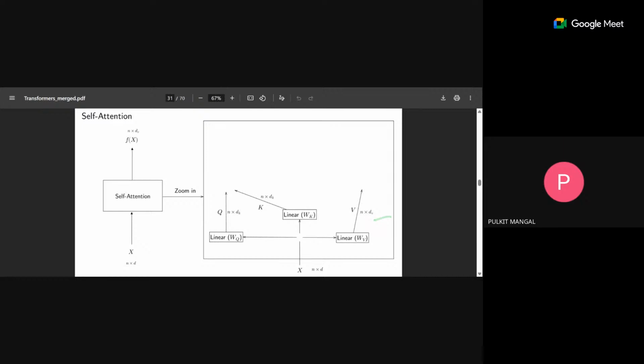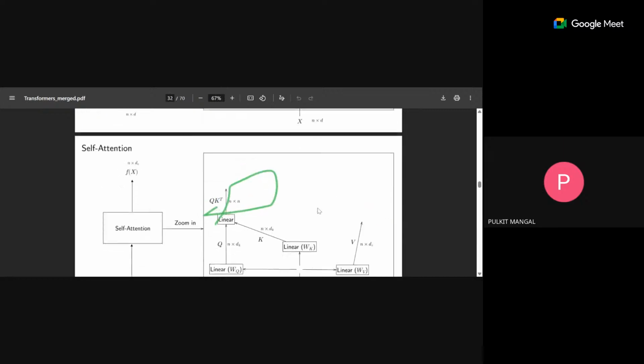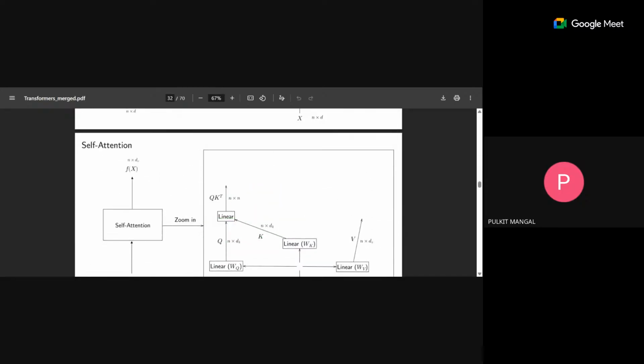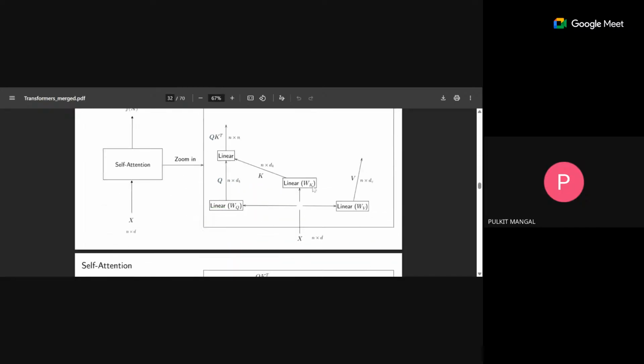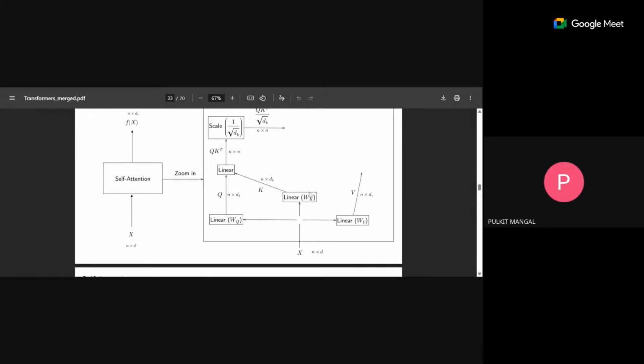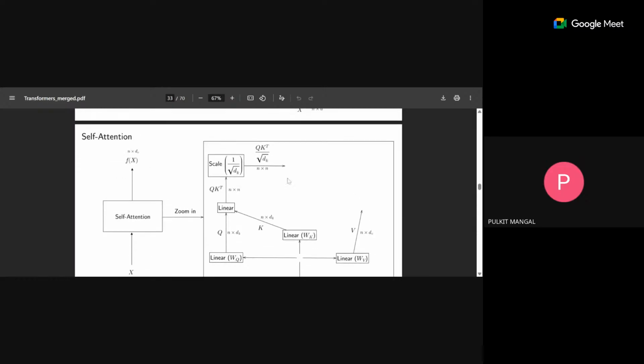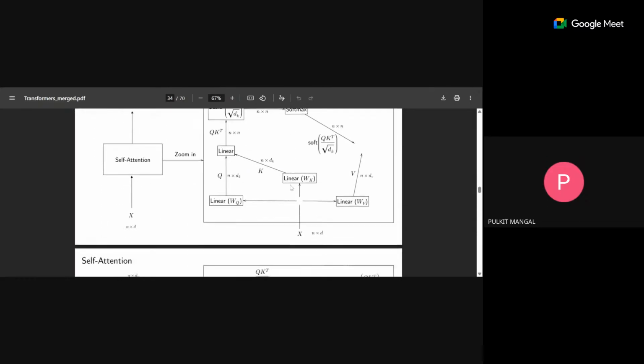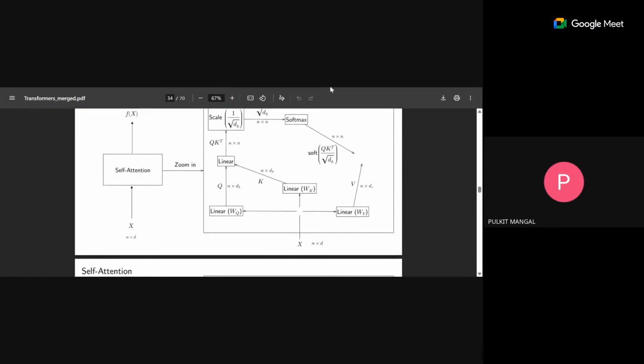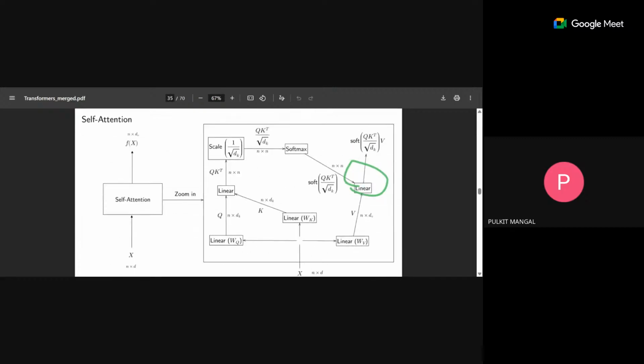So you do this dot product and get QK transpose. Then you pass it to the softmax after doing the scaling, for the variance, and then you multiply it with your V matrix. That's the final output of the attention block.